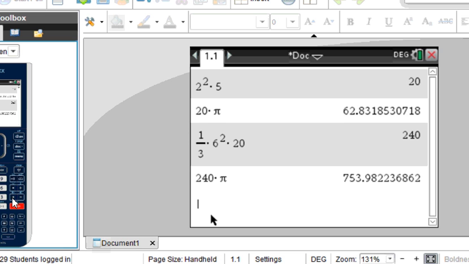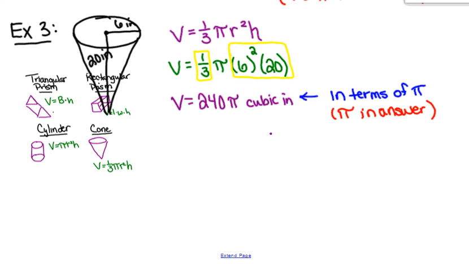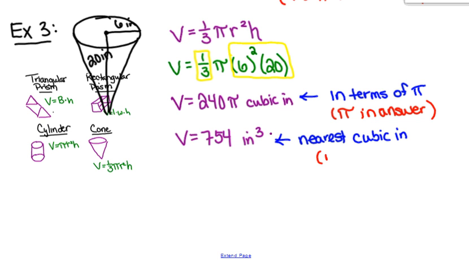So to the nearest cubic inch, that looks like it's going to be about 754 cubic inches. And again, that's if we're asked for it to the nearest cubic inch, so rounded. But note that the big difference here is that there is no pi in the answer.